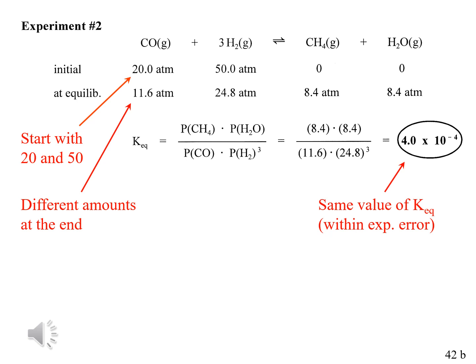Now the thing is, though, 4.0 and 4.1 are not exactly the same answer. That's another thing we have to talk about. Your answers will sometimes be slightly off, either from rounding or from the fact that we're dealing with experimental error in this class. Those are the same number within experimental error. If your answer differs from mine in maybe the third significant figure, you just have to get used to it.